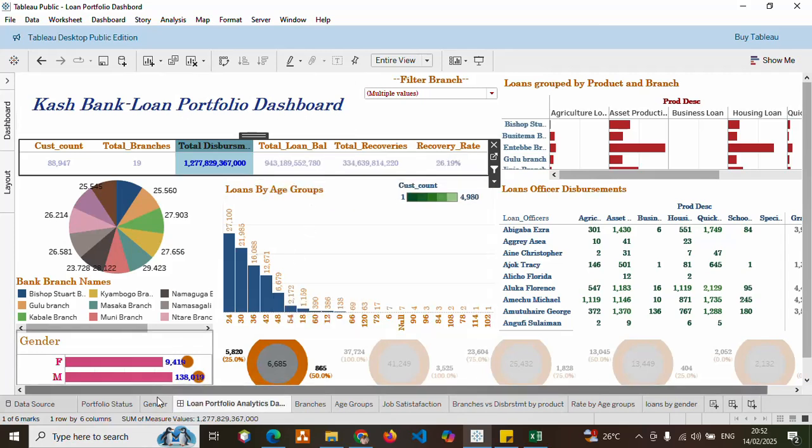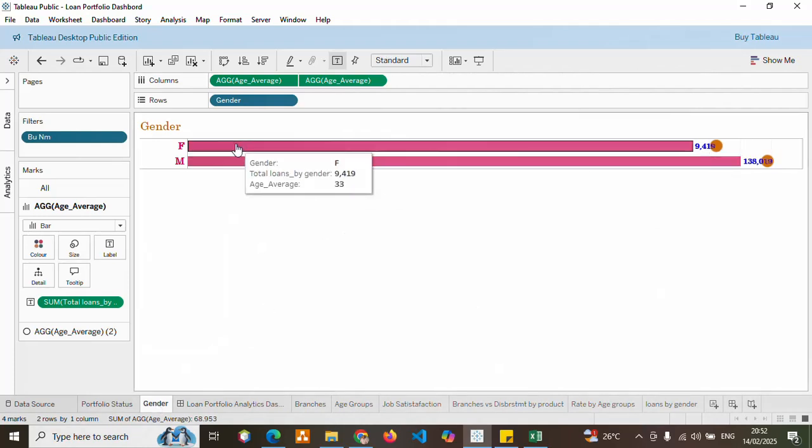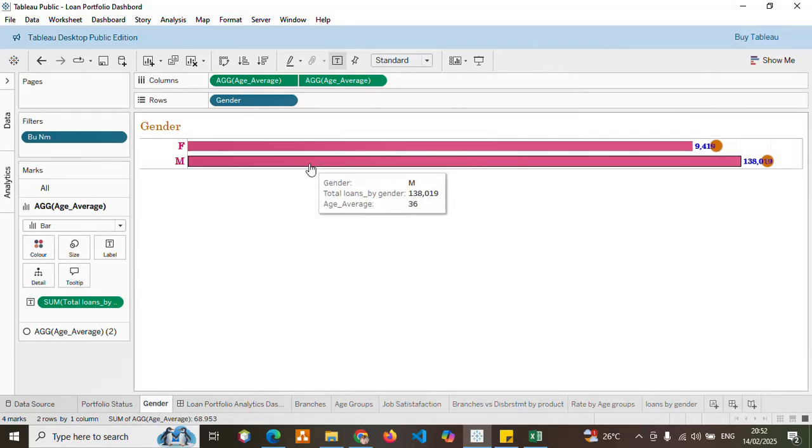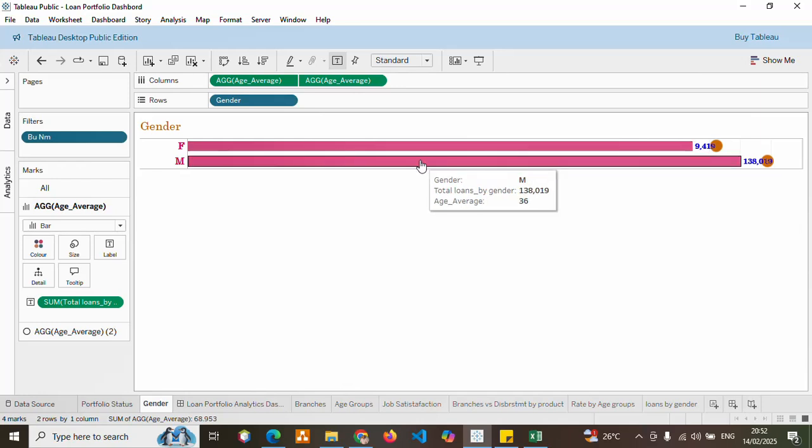Now after that, we again graded our total number of customers based on gender. How many are female and how many are male? We can see that for female they are over 900,000, while male they are around 138,000. What does this mean?